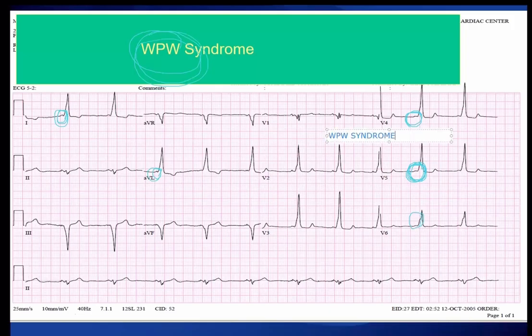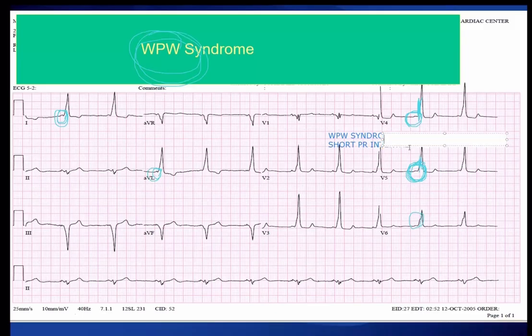It is characterized by a very shortened PR interval, and there is a delta wave, and this is the delta wave. The delta wave speaks about a slurred R wave. So these are important also to note.